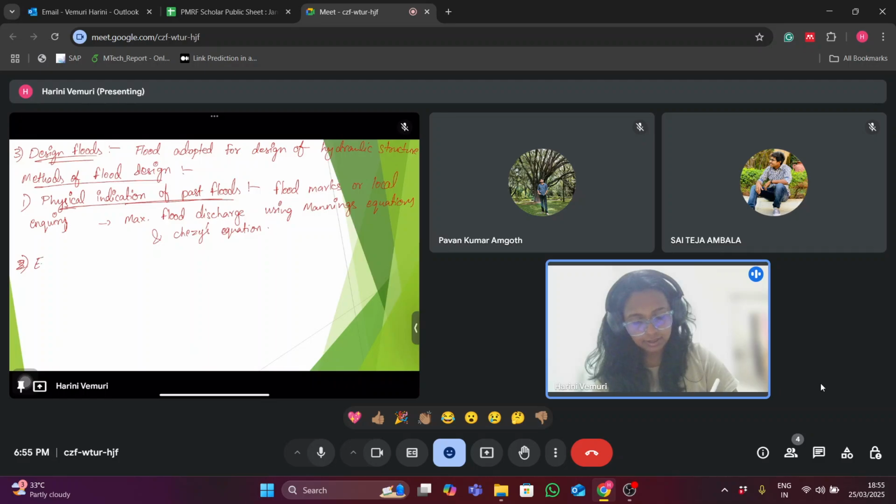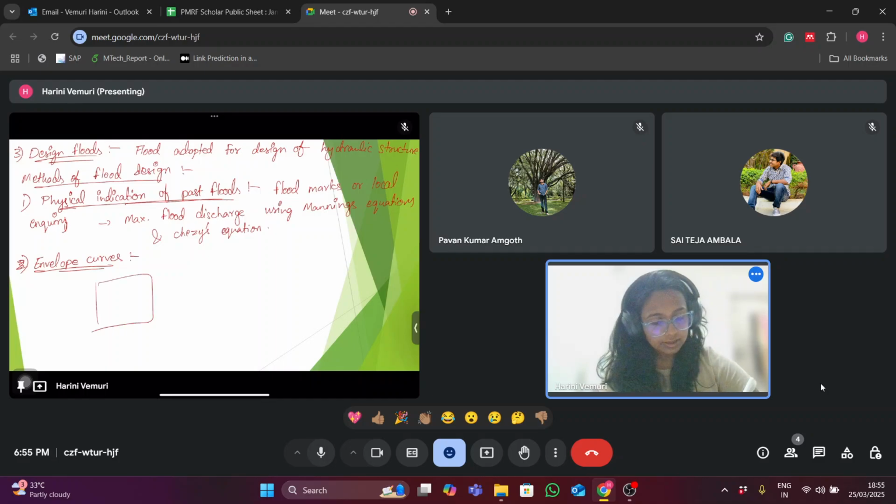Okay. The next method is envelope curves, in which we will have curves showing, suppose, the size of the catchment, and for a given return period this much flood discharge can occur.